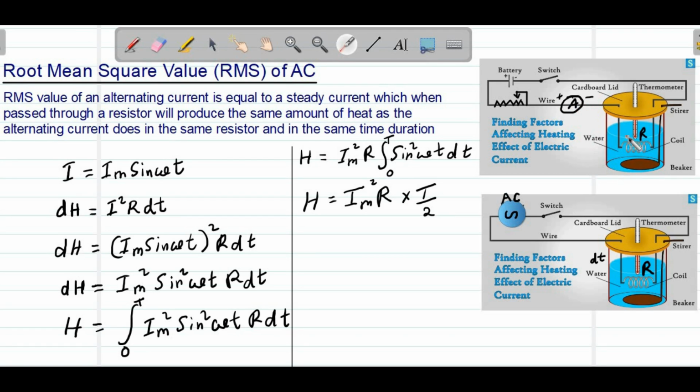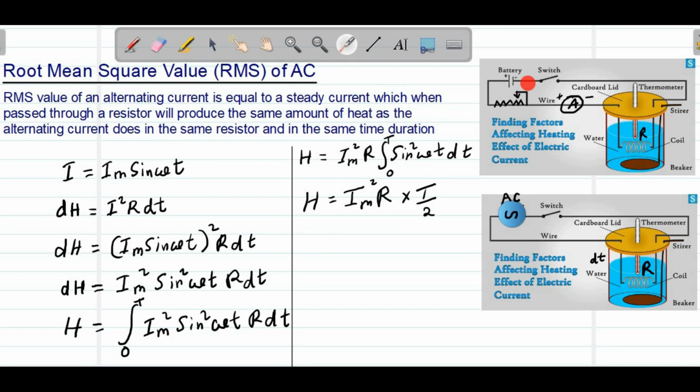So what we are doing here, we are adjusting the current flowing through this circuit. We are adjusting the ammeter reading by adjusting the rheostat, and we are calculating the heat energy produced in the water for the same time duration through the same resistor.